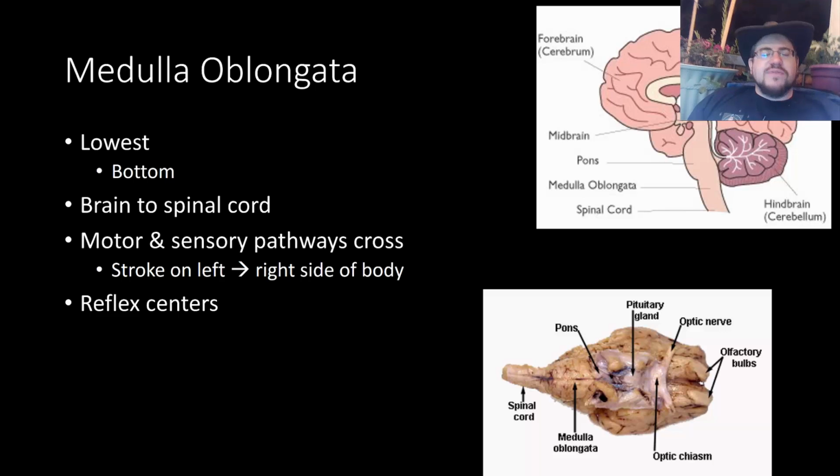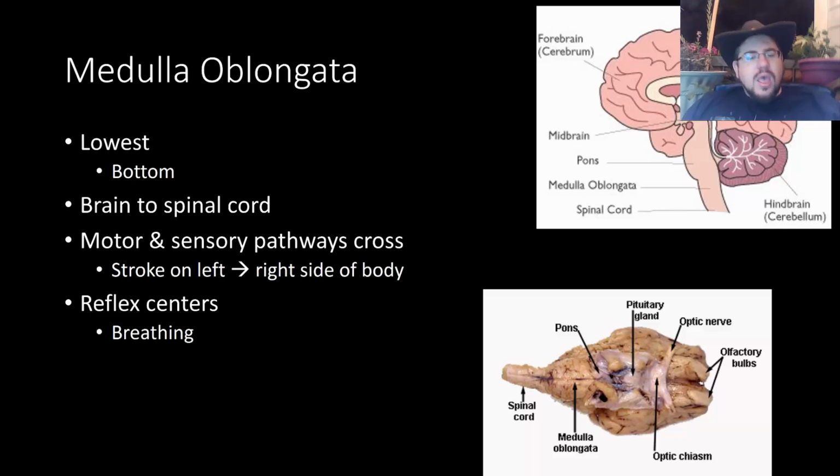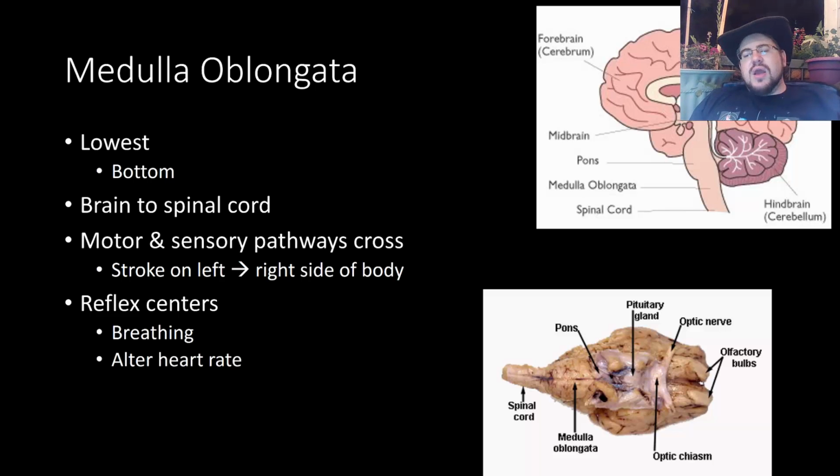A number of your reflex centers are located in the medulla oblongata. So, for instance, your breathing rate is controlled at a basic level by the medulla oblongata, and it can also release signals that result in an increase or decrease in your heart rate.